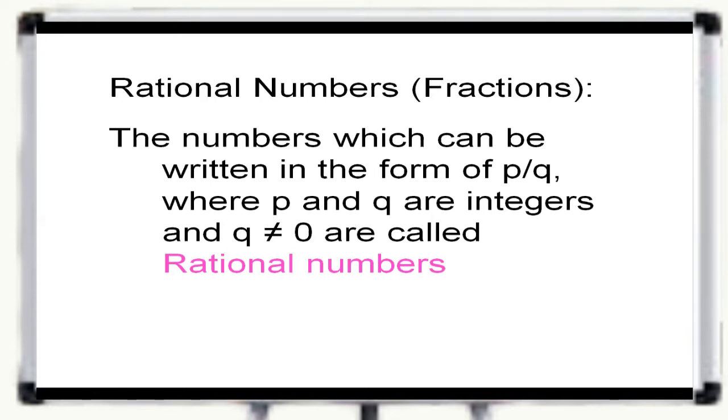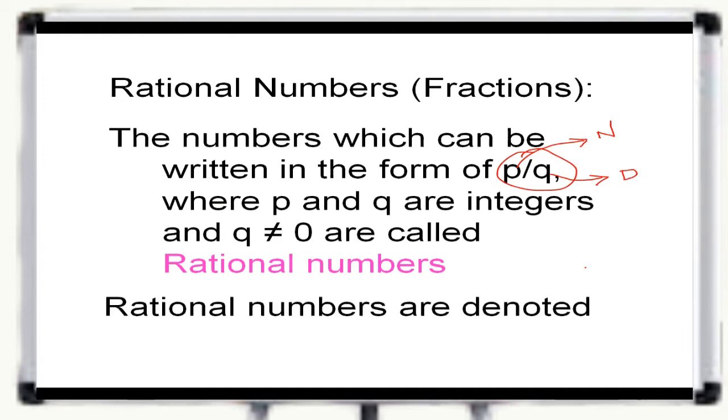So here, in this p by q, p is called the numerator and q is the denominator. So numerator upon denominator. Rational numbers are denoted by Q.